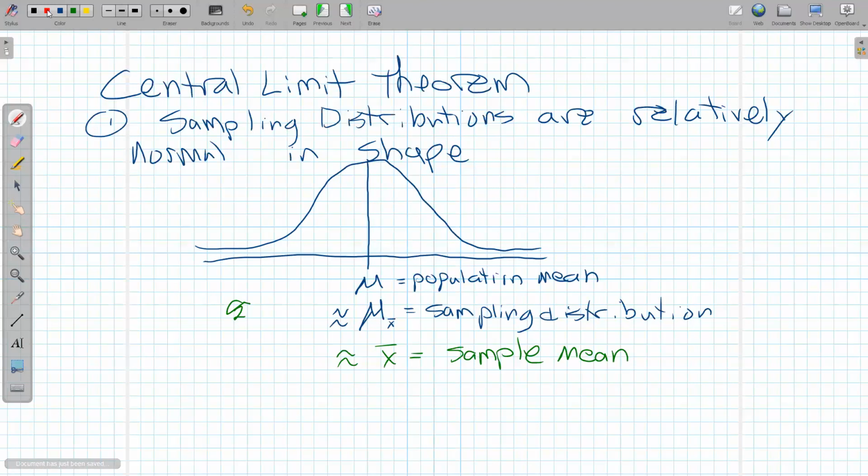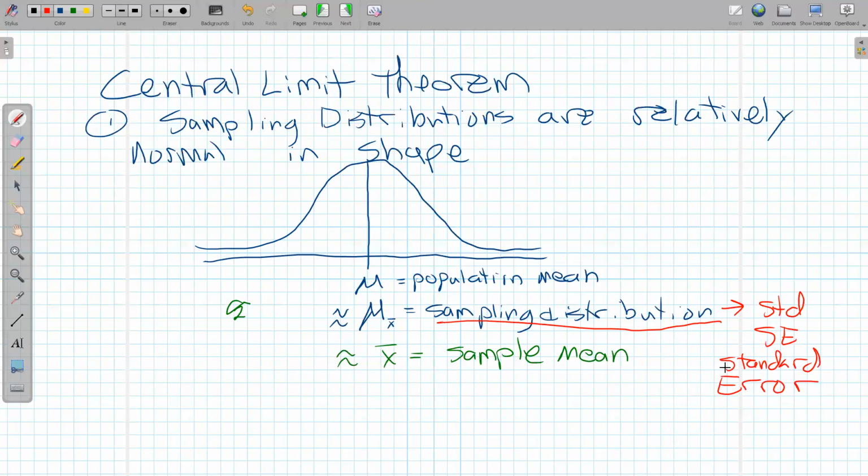And the third thing we're going to use today from the central limit theorem is related to the standard deviation of the sampling distribution, and that's called the standard error. So that tells us the spread we can expect for samples.